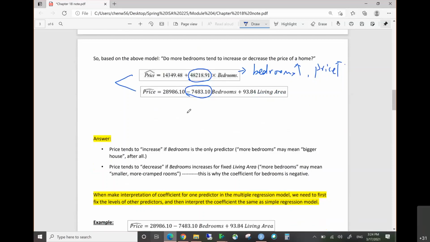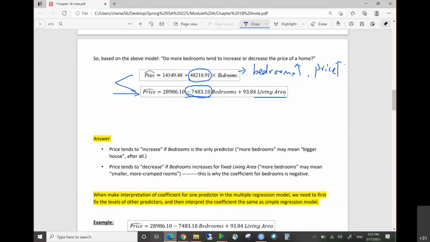But now if we have this multiple regression and add the living area, the coefficient for the bedrooms changes to negative. Does that mean that if I have one more bedroom, the house price will decrease by this much? It doesn't make sense, right?